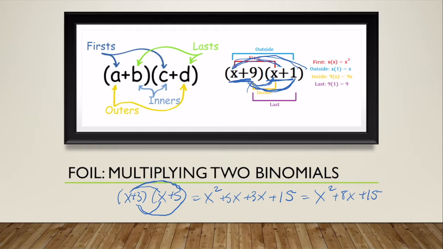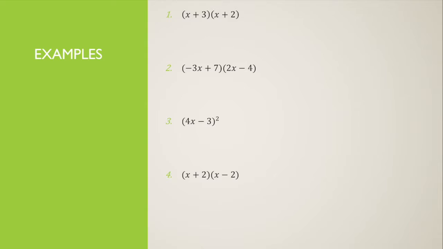Let's do a whole bunch of examples, shall we? If I have x plus 3 times x plus 2, I'm going to distribute my x's. So first, outer, inner, last.